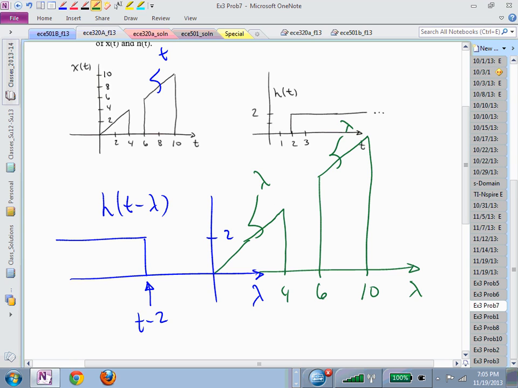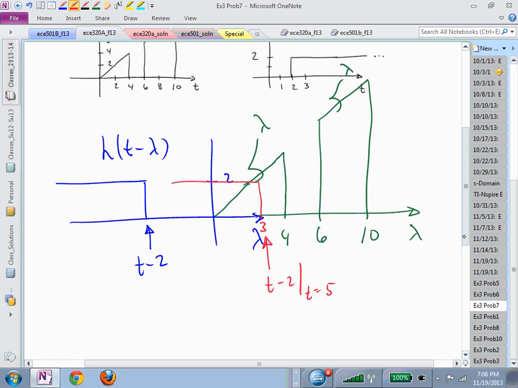And we now are sliding this guy through until t is replaced with 5, or until t is equal to 5. So this guy is going to go to 3, isn't he? This is now t minus 2 evaluated at t equal to 5. And now I simply need to find the area under that curve of x of lambda and h of t minus lambda.